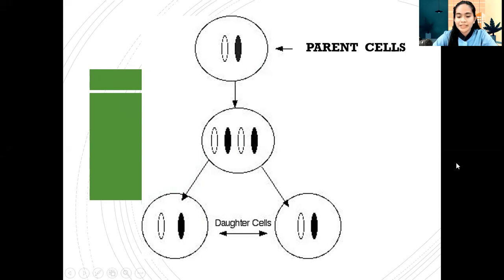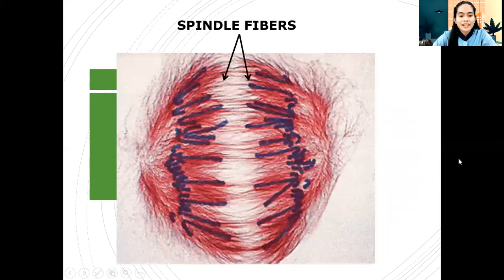Okay, understood? All right. So we also have here your spindle fibers. What's the function of our spindle fiber? Our spindle fiber plays a very important role in keeping the chromatids, or the sister chromatids, intact with each other. So even if they separate a bit, at least there's still a bond that connects the two of them.